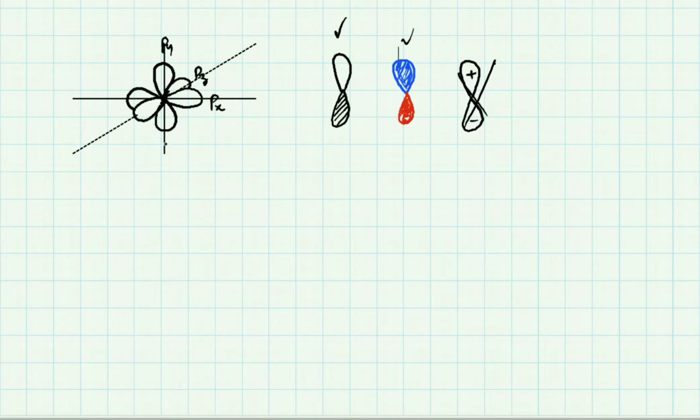Now, if we want to combine two p orbitals, suppose we are having these p orbitals, and here I'm going to show them with the help of shaded area and plane area. So these are the p orbitals.